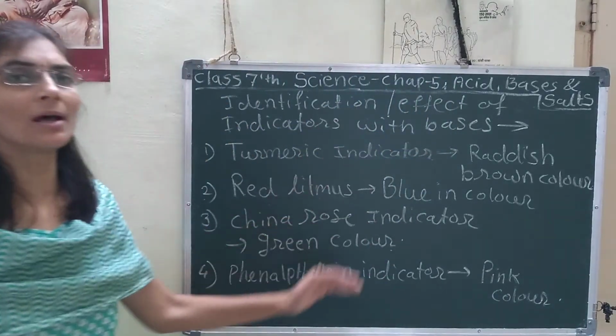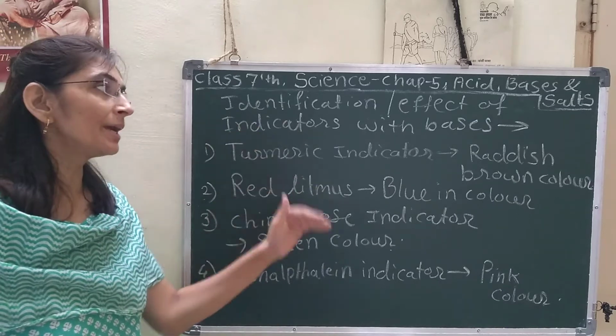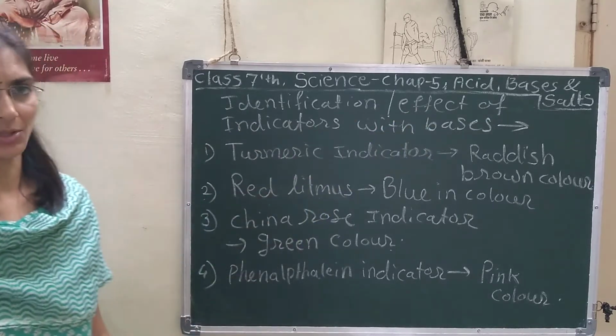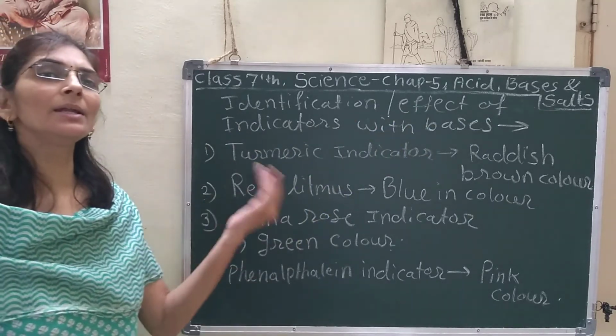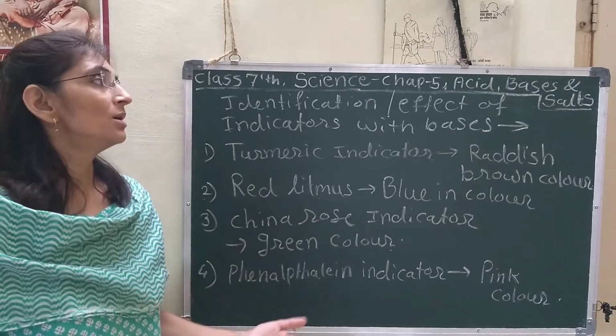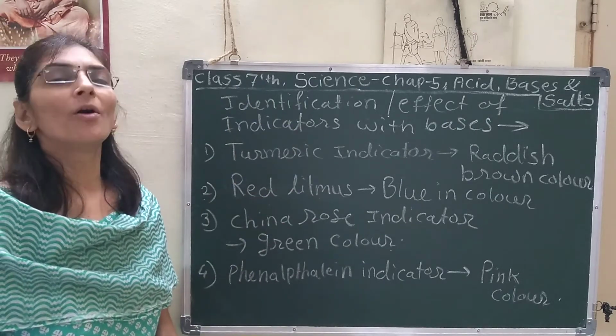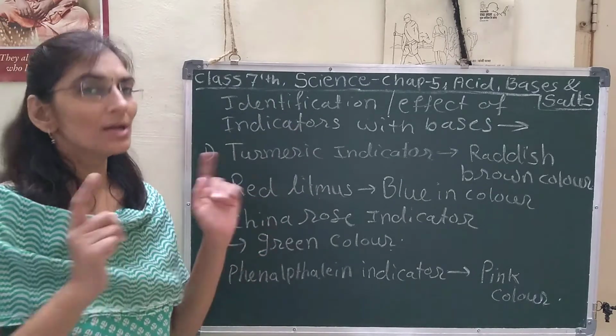So these were the effects of indicators with the bases. We will see these indicators in detail in our further lecture. These were the properties of bases that we see around us.